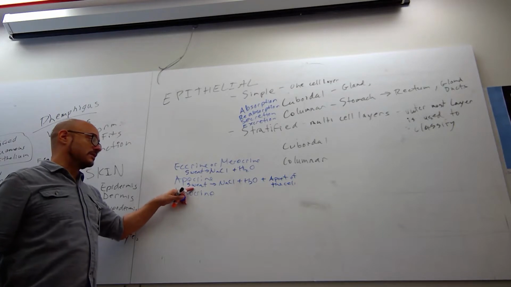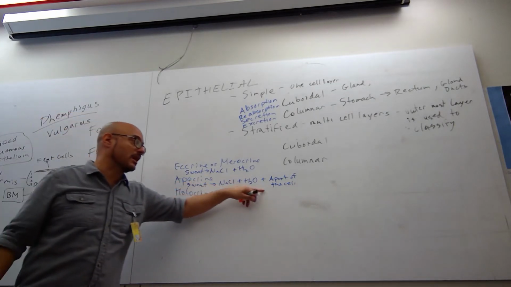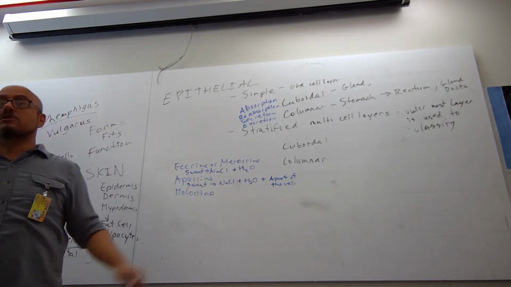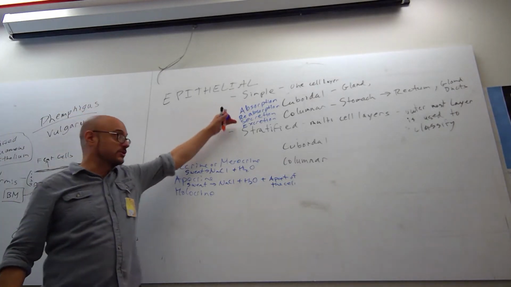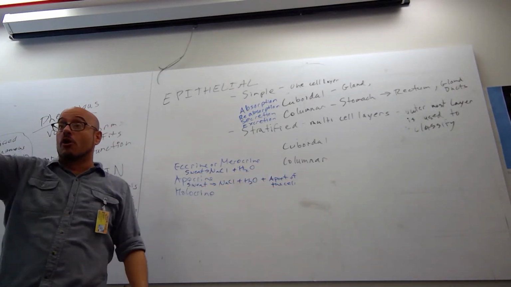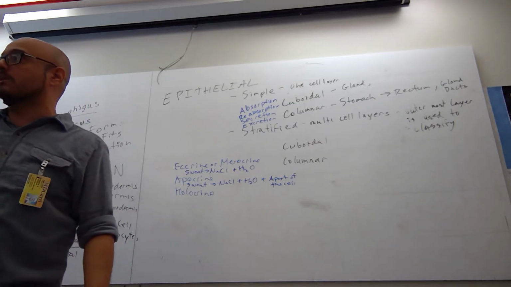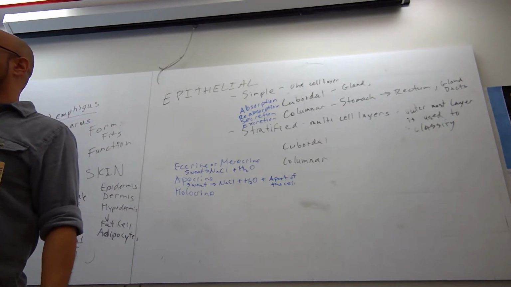These are the ones that come online during puberty, and during pregnancy. These are the ones that are going to be stimulated to go from simple to stratified when hormones tell them to do so. You got me, guys? Everybody follow?